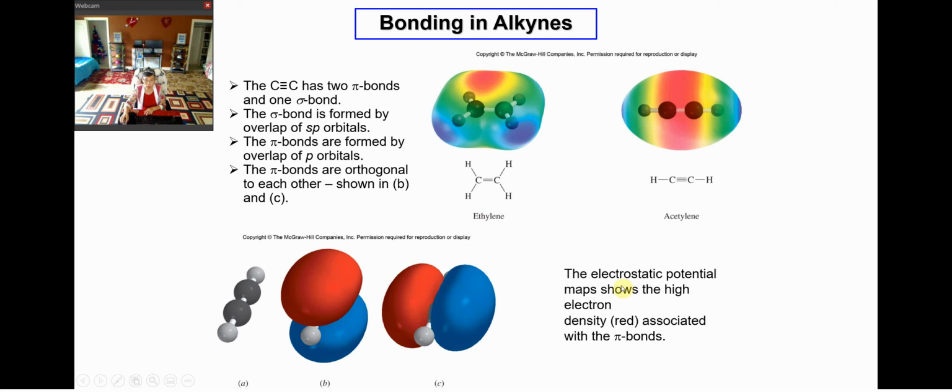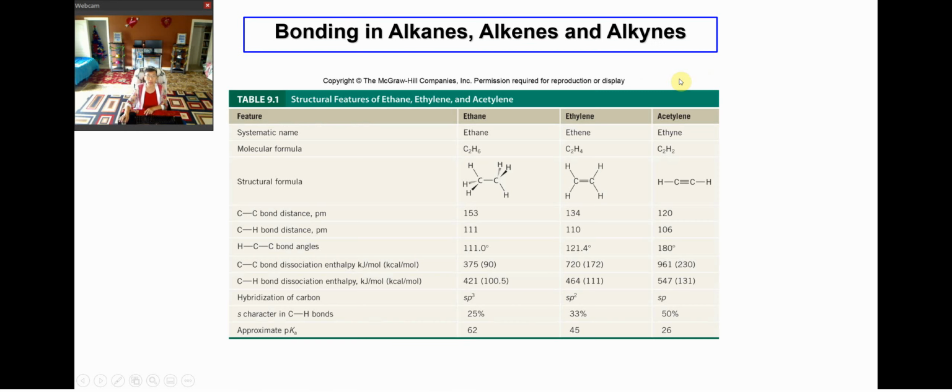This diagram shows that this is a sigma bond, and these two are considered pi bonds. From these electrostatic potential maps, you can see the triple-bonded carbons have very high electron density, so you use red to represent it, indicating the chemically reactive site will be the triple-bonded carbons.